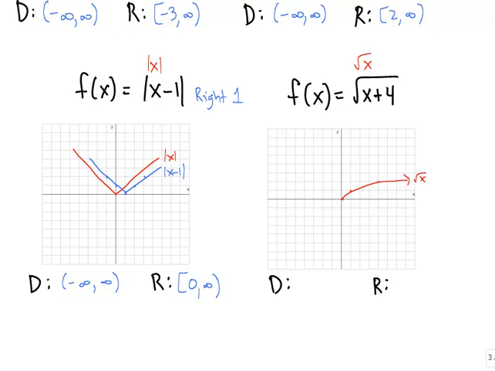So what does this plus 4 do? Well, again, it's going to be a horizontal shift because it's inside of the function. When you see a plus, you think go right, but we actually go backwards. So this is going to go left 4. So take your important point, that starting point at the origin, and shift it left 4. So now it's going to be at negative 4 on the x-axis.